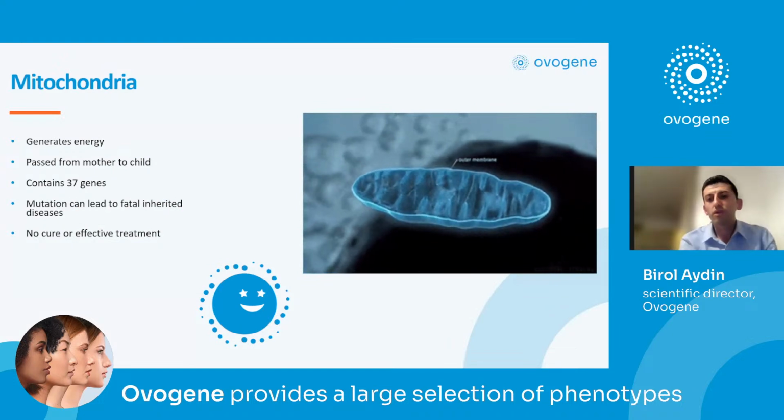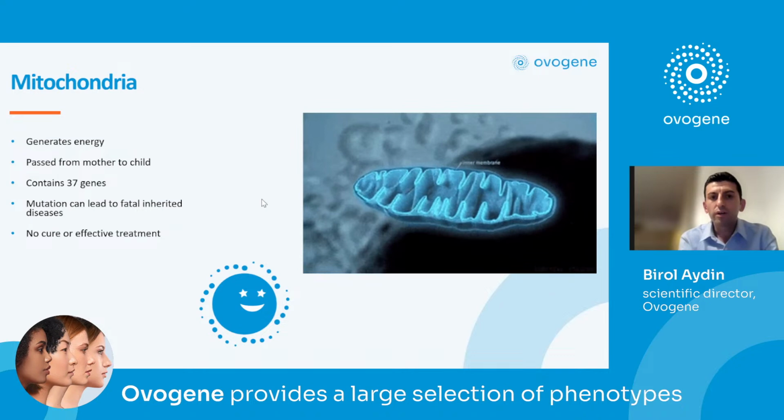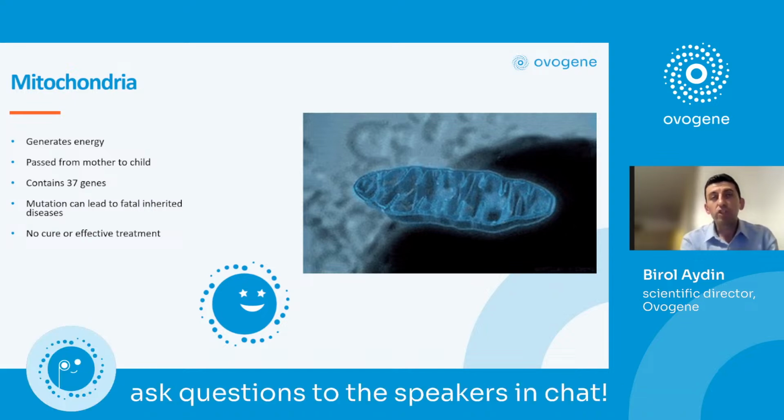First of all, we will try to understand mitochondria. Mitochondria are basically the main energy-generating part of the cells. Of course, it passes from the mother to the child, contains 37 genes, and mutations in mitochondrial DNA can lead to inherited disease, which many people actually have but are not aware of.